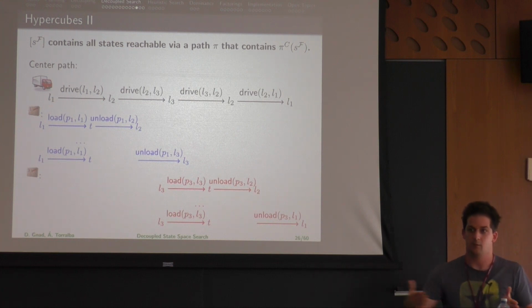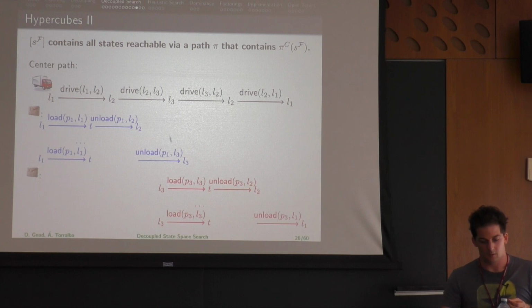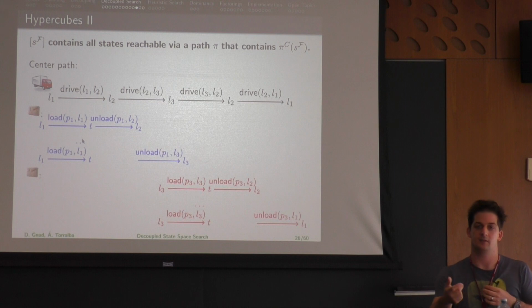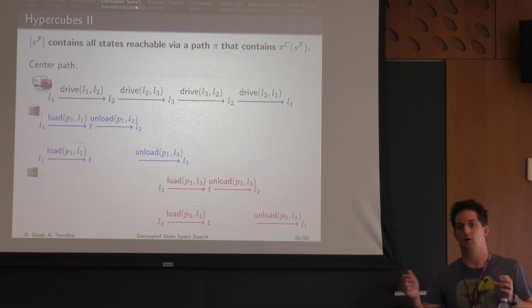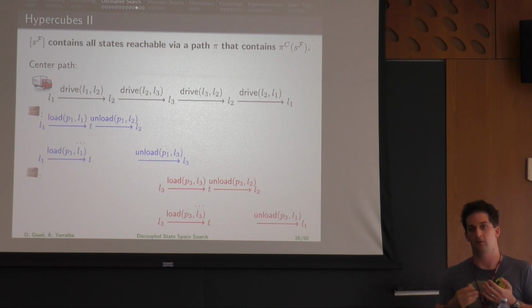Yeah, given this sequence of center actions, basically all possible compliant leaf paths that can be embedded into this center action sequence lead to one of the member states of the decoupled state.